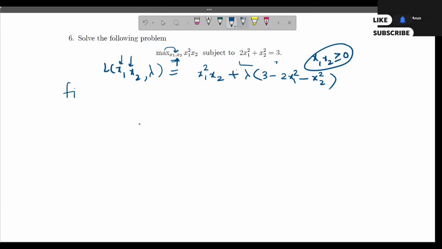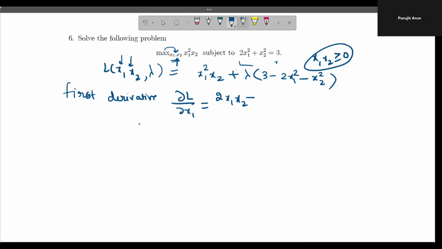So what is the first derivative? The derivative with respect to x1 is 2 x1 x2 minus 4 lambda x1.